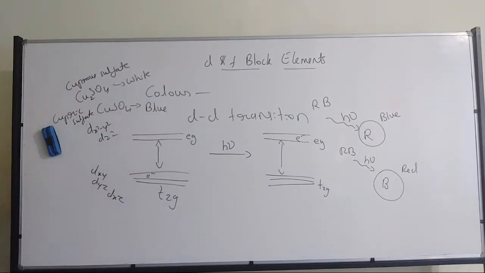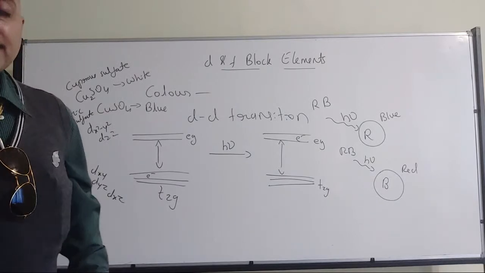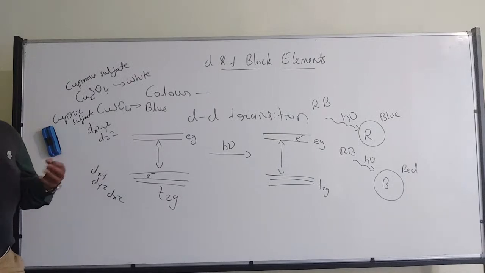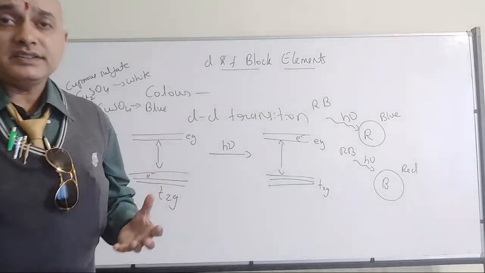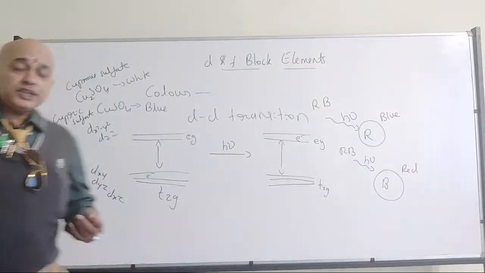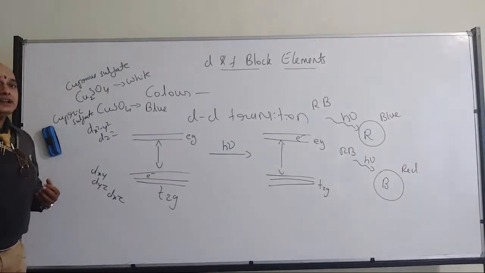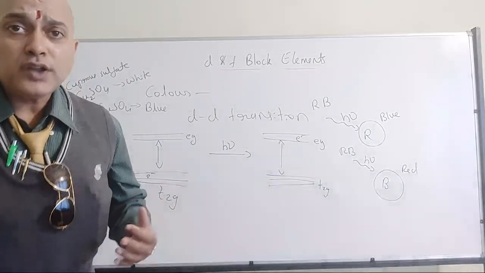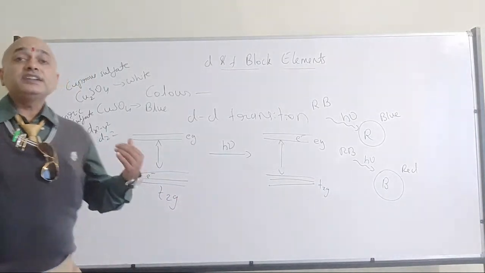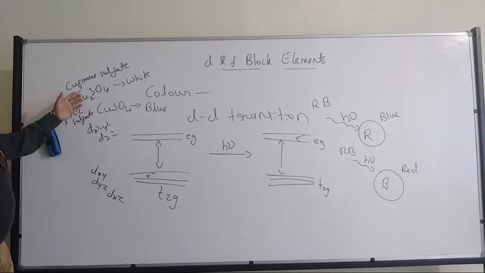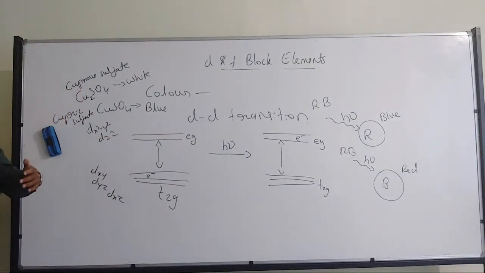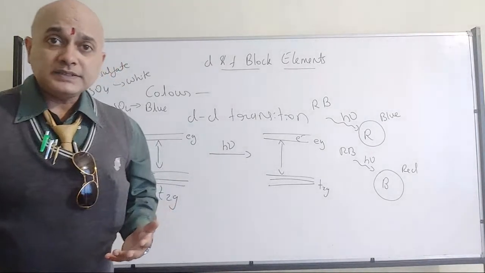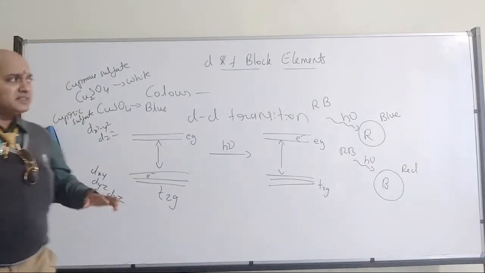That blue color is due to water molecules along with the cupric ion, Cu plus 2. So a transition element in a different oxidation state can have different colors. The cuprous form is white, but the cupric form has blue color. What is the reason for all these things?